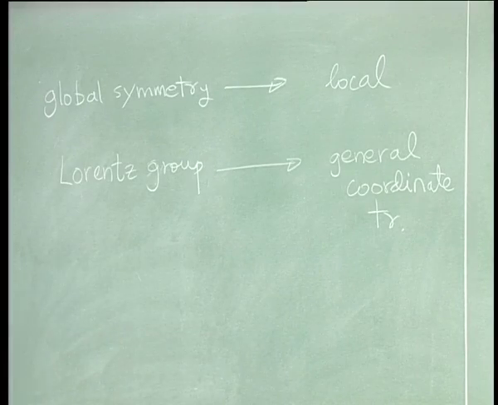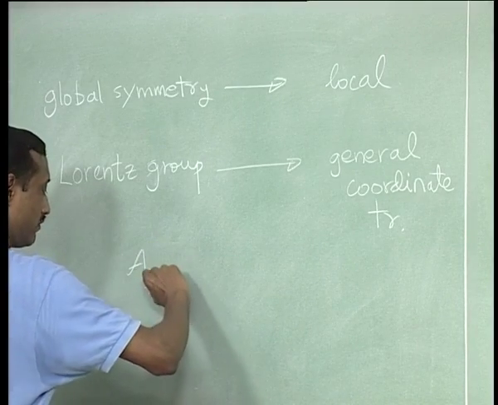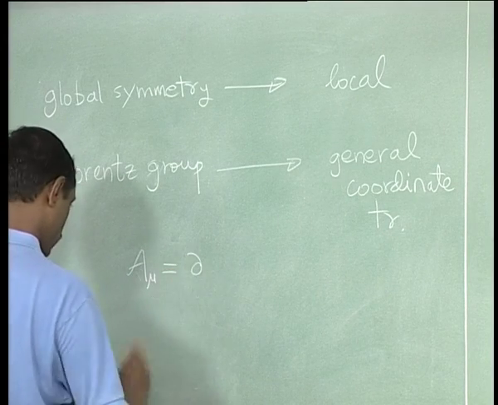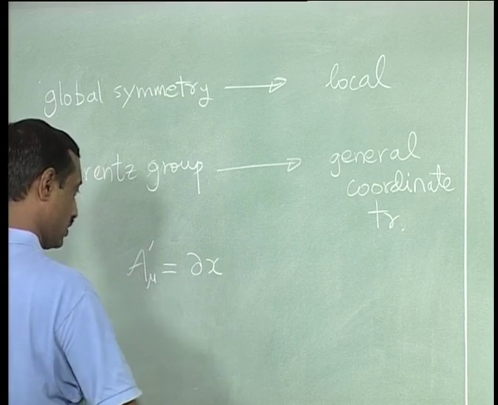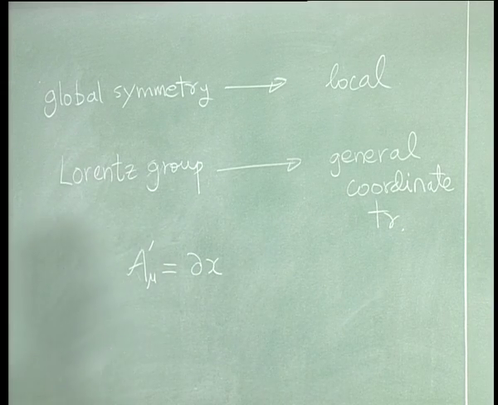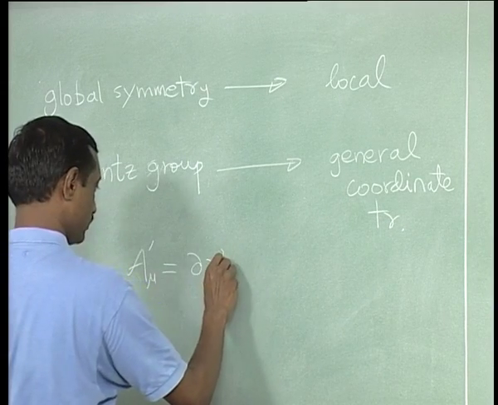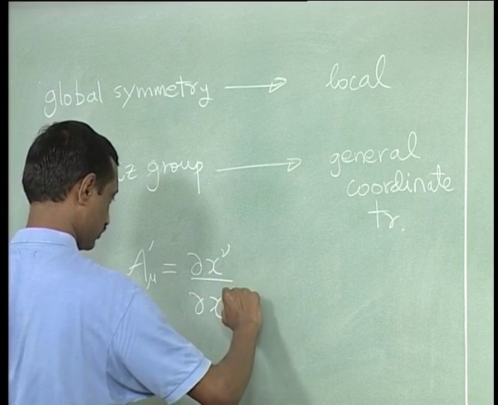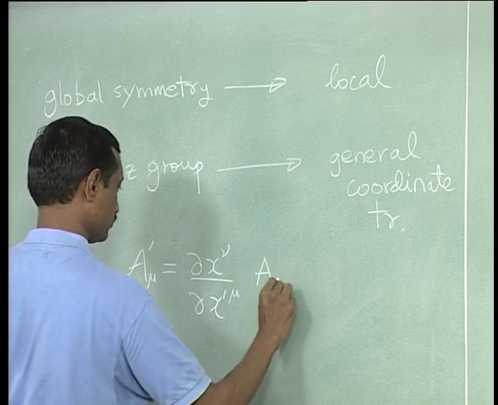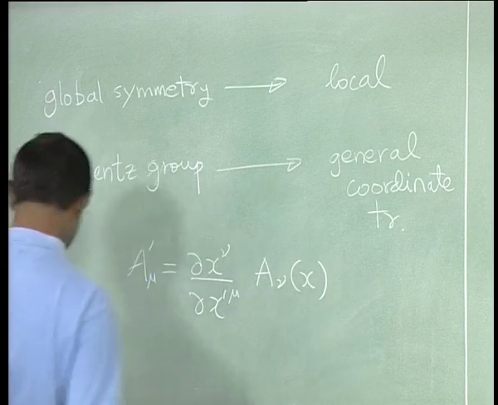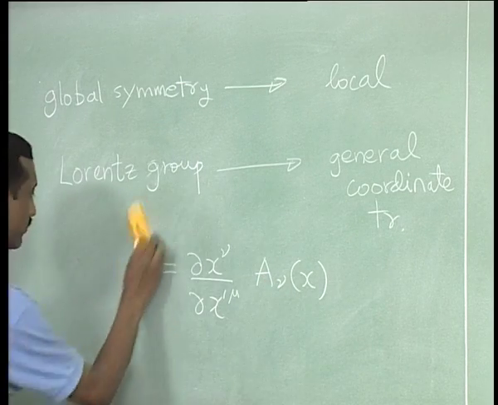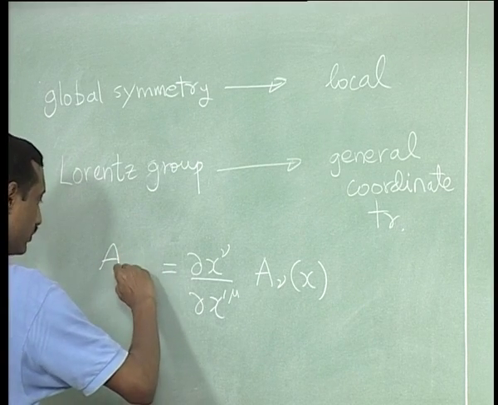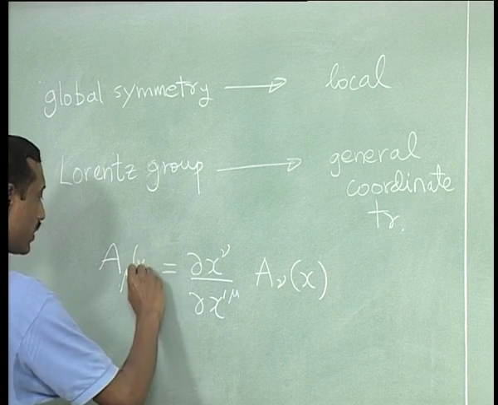So the first thing is to ask how things will transform. For instance, we already saw if you take a vector field under general coordinate transformations, it should transform. So you write something like this: A mu of x prime equal to.